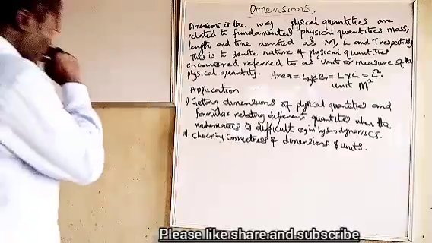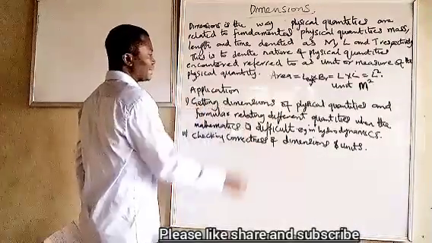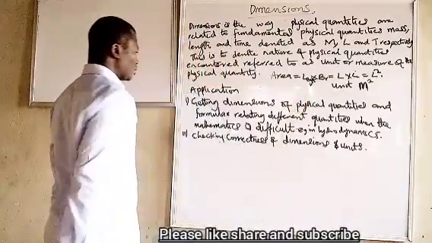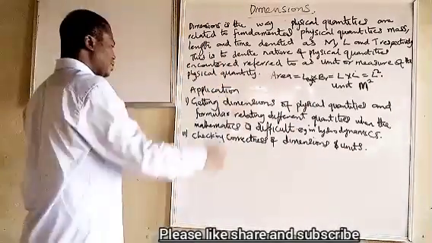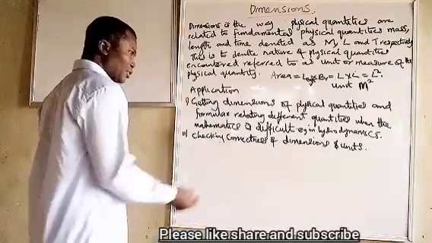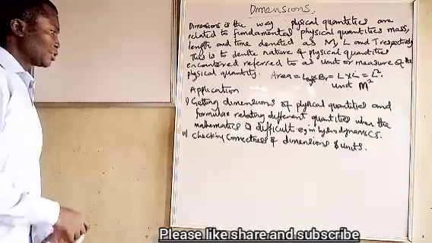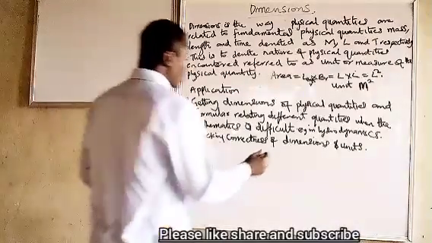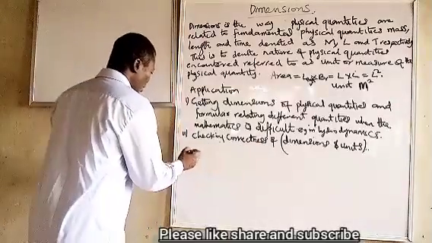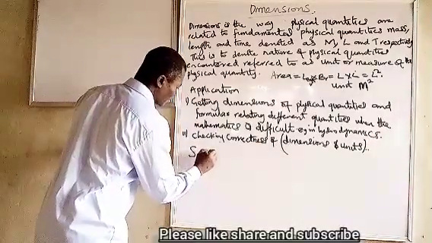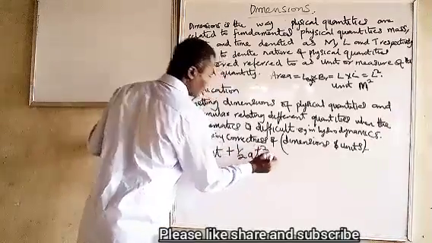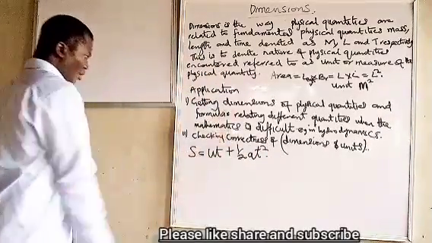Now let's look at the applications. We can use it to get dimensions of physical quantities and formulas relating different quantities when mathematics is difficult, e.g. in hydrodynamics. We can also use it to check the correctness of dimensions and units in one place. Like this, if you have something like S equals UT plus half AT squared, this one is correct algebraically.